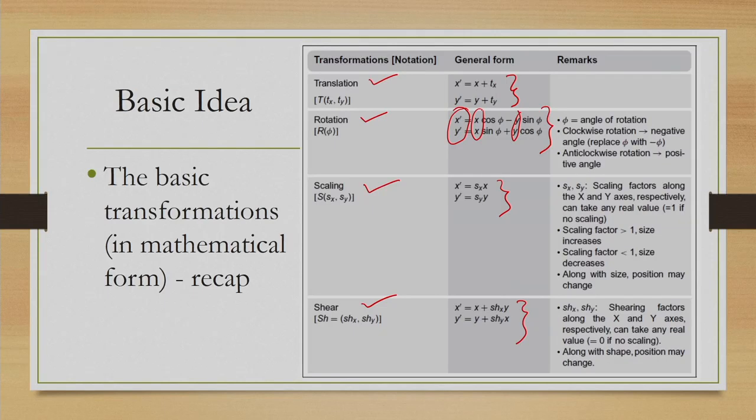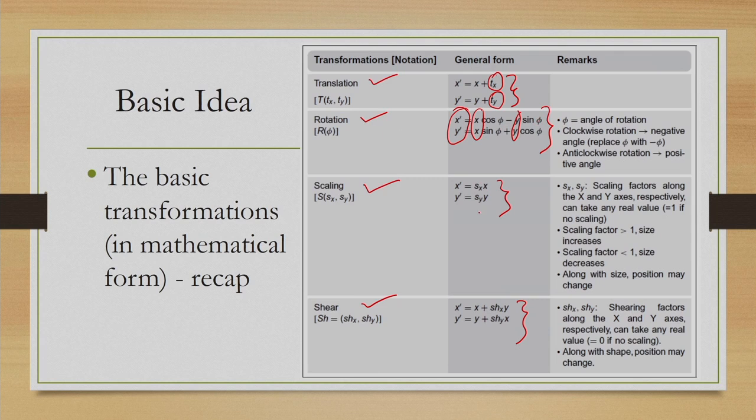In these equations, starting with translation, we used some parameters, so Tx, Ty are the amount of translations along x and y direction. Similarly, phi is the angle of rotation in these rotation equations.